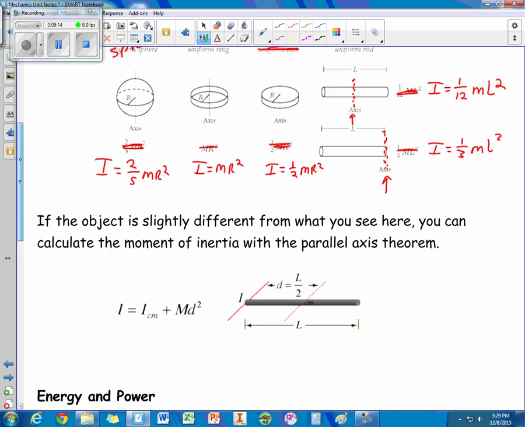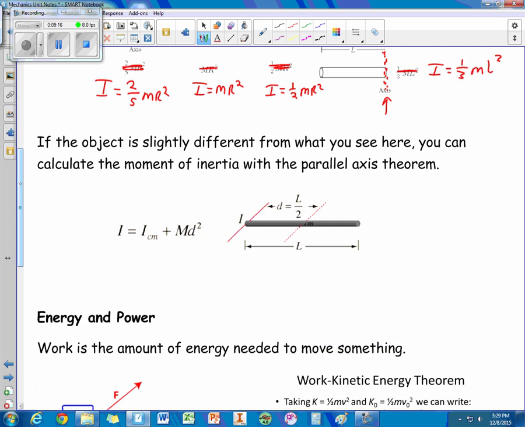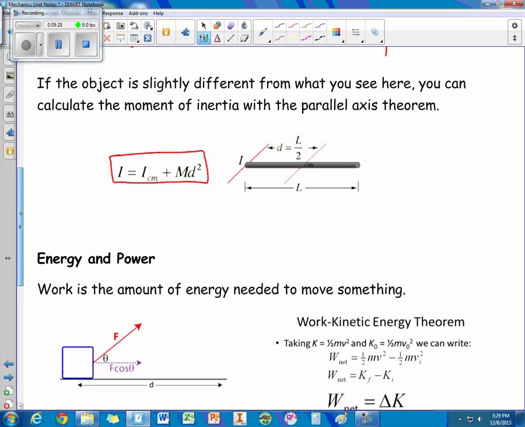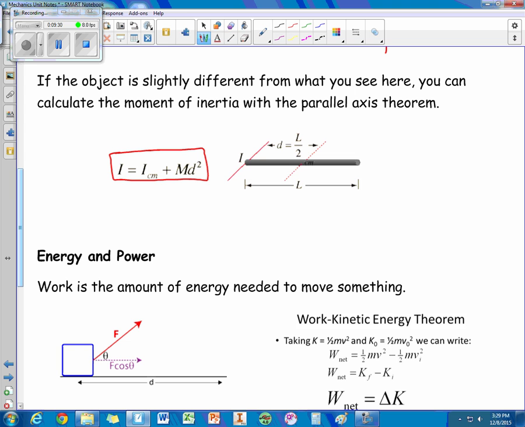Now let's say the object is slightly different than what we see. We can calculate its moment of inertia using something called the parallel axis theorem. So let's say that I wanted to calculate the moment of inertia for a rod at its end. So the axle is right here.